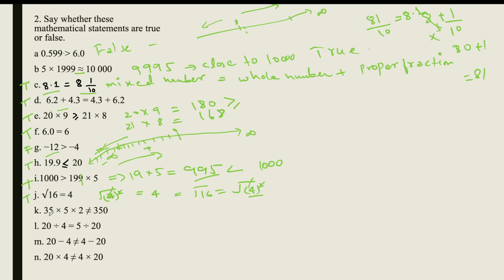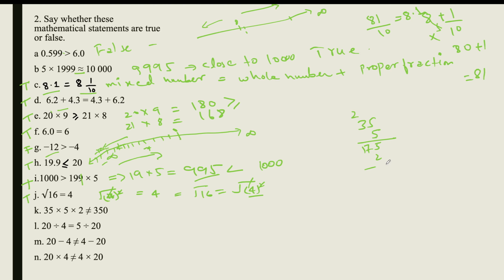Next we are having 35 multiplied by 5 multiplied by 2 is not equal to 350. So we have to check it. If 35 multiplied by 5, so 5 into 5 is equal to 25, carry 2, 5 into 3 is equal to 15, 16, 17.